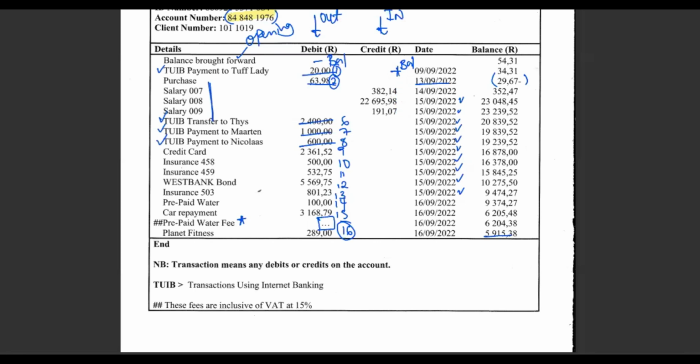We have 382 rands 14 cents, we have 22,695 rands 98 cents, then we have 191 rands 7 cents. This is the money that we're going to add up, which is that much.